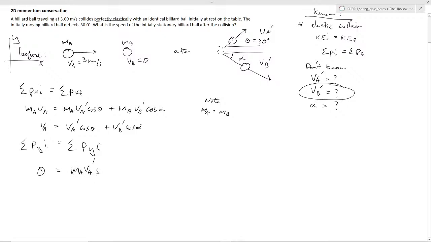Now in the y direction, that'll be the sine piece, plus MB VB prime sine alpha. And similarly, we can make use of the fact that the masses are the same and rewrite this as VA prime sine theta plus VB prime sine alpha equals 0.